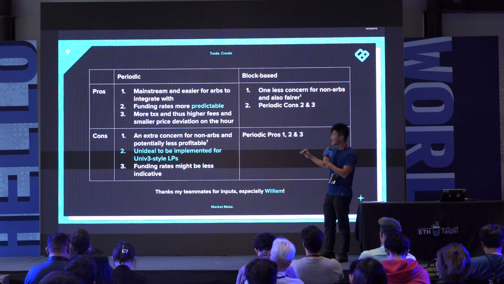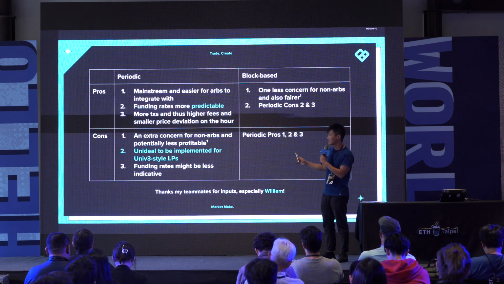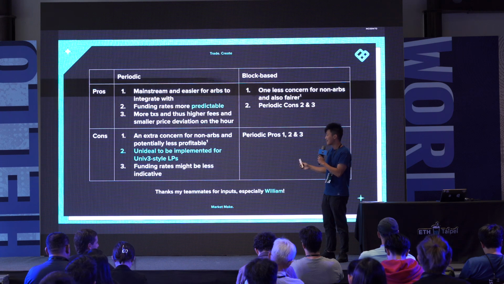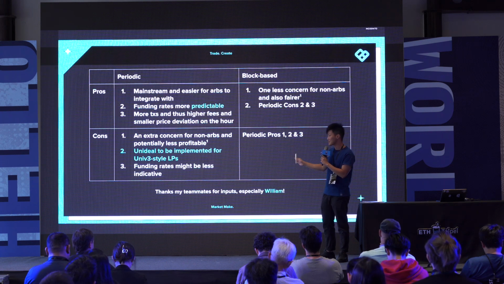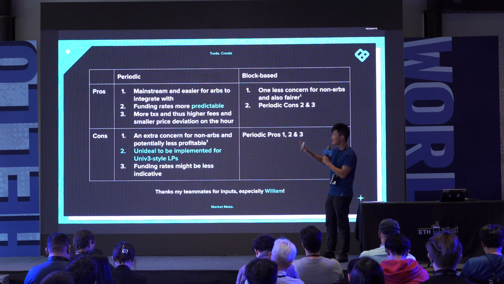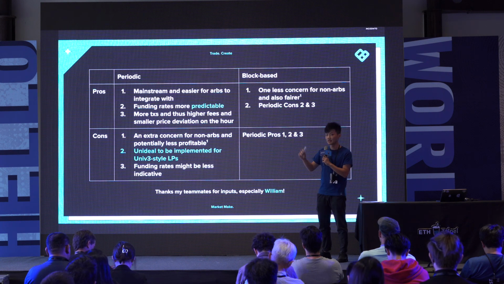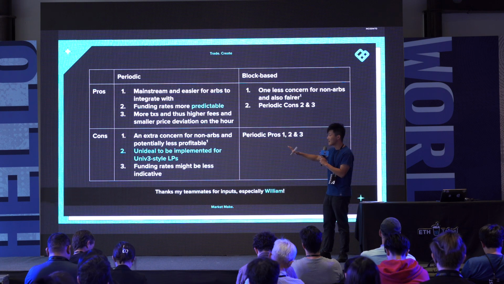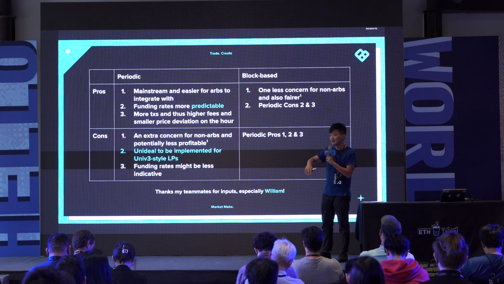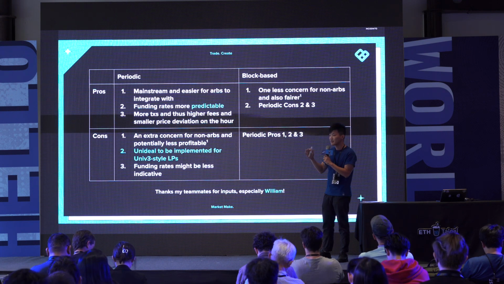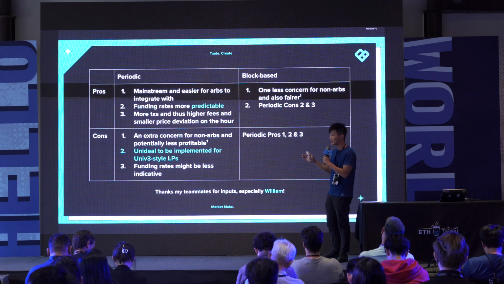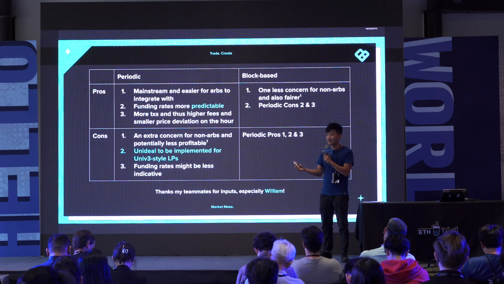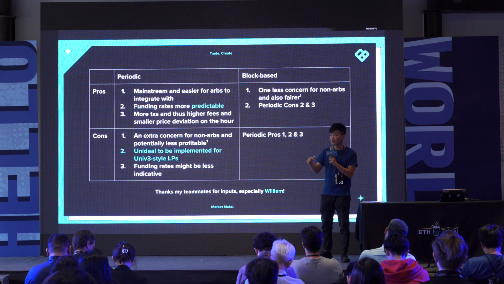And the last problem of periodic funding exchanges is also kind of controversial. I believe funding rates on periodic exchanges are less accurate because a lot of the transactions on these exchanges happen on the hour, since that is when arbitrageurs are sure to make some profit.